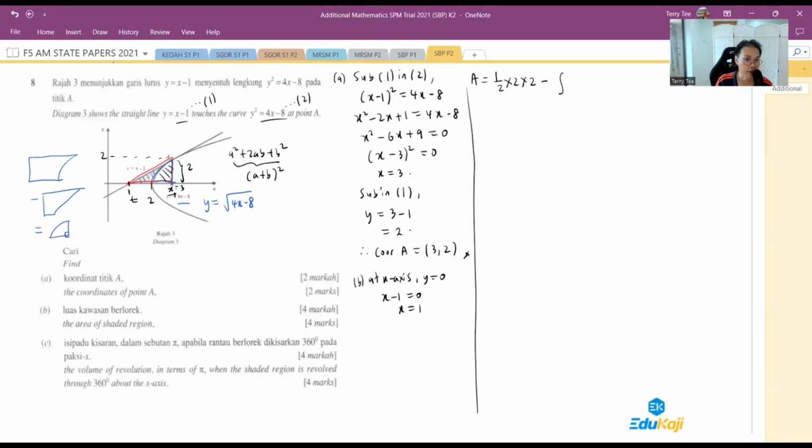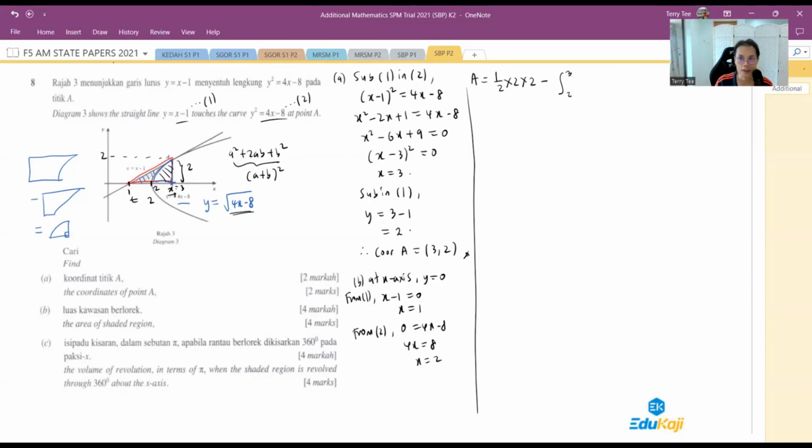By the way, I also need to find this one. We say at the x-axis y is 0. That's from equation 1. But if you take equation 2, your y is now 0. Your 4x minus 8 is 0, so x is 2. So this one is 2. That means I have to integrate from 2 to 3.